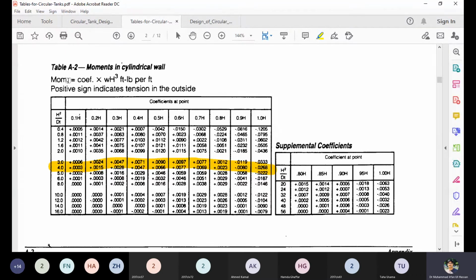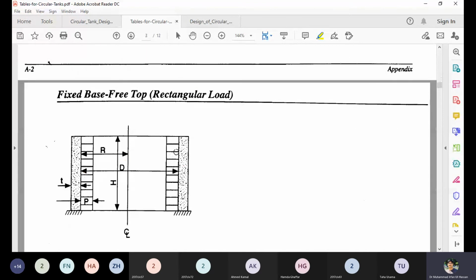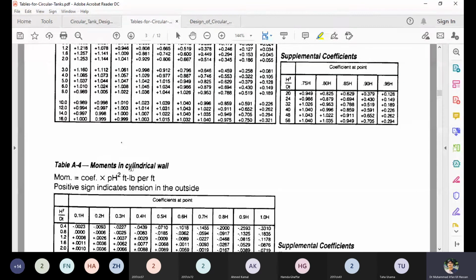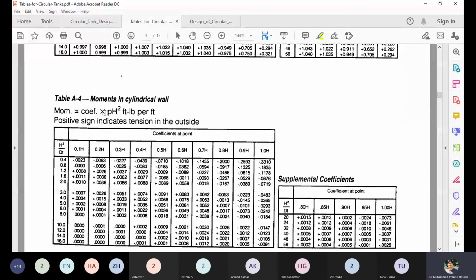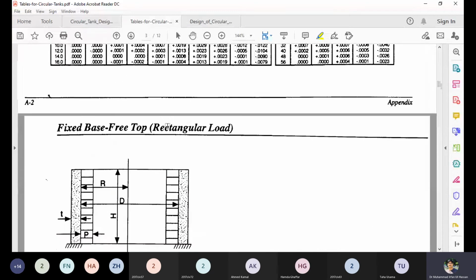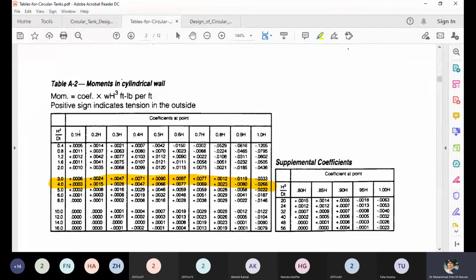For UVL, the formula will be WH cube. You know that the load ordinate is WH, height is H, so WH into H, and the moment arm is H over something. So the formula for the UVL is WH cube, whereas the formula for the moments for UDL is WH square. So it is quite clear why it is cube and square.